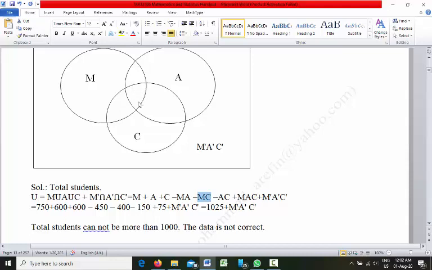The MAC portion is this one, where M is also there, A is also there, and C is also there.